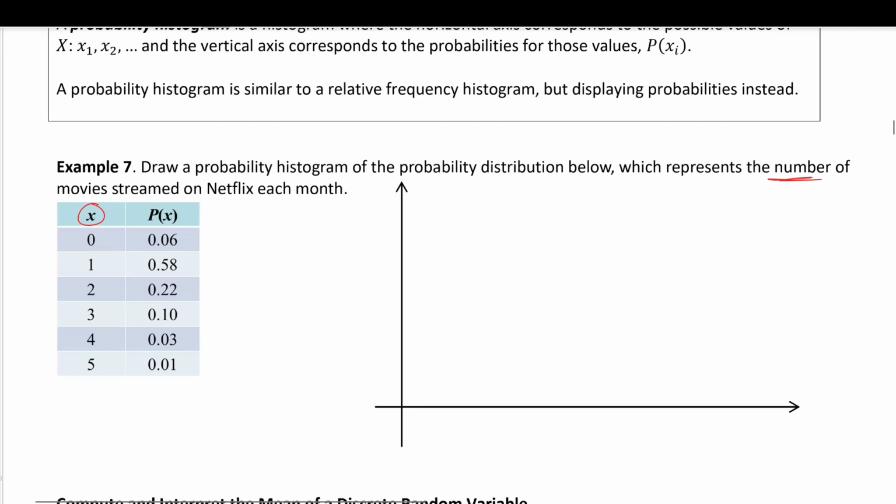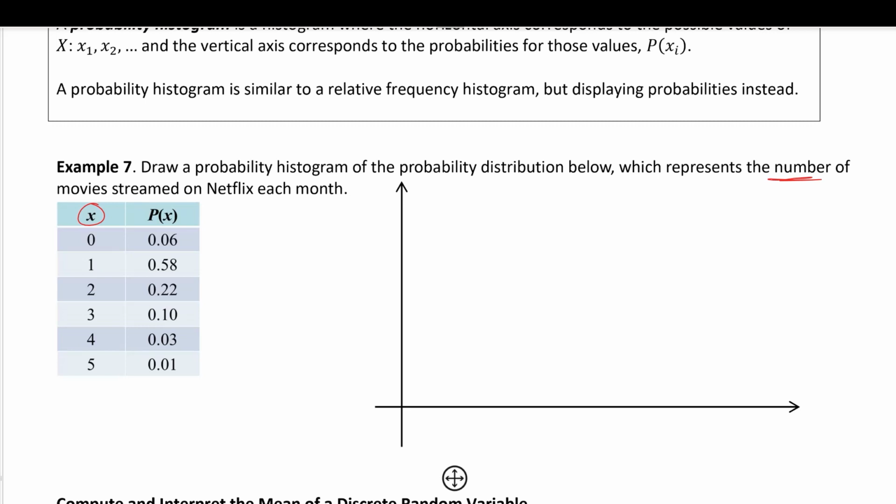Okay, 58% watched exactly 1, 22% watched exactly 2, 10% watched exactly 3, 3% watched exactly 4, and then 1% watched exactly 5. Now, in reality, I'm sure there's people that watch more than that, but I'm guessing if they calculated it and then rounded it to 2 decimal places, it was probably rounded down to 0. So that's my guess. And I'm sure this is not real data, of course.